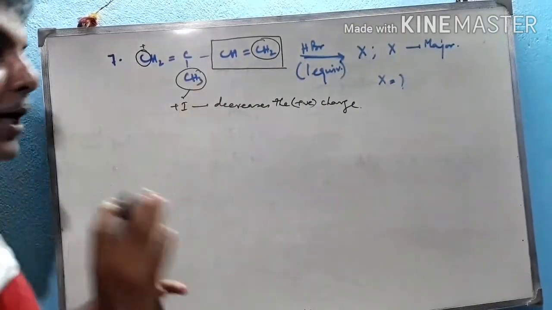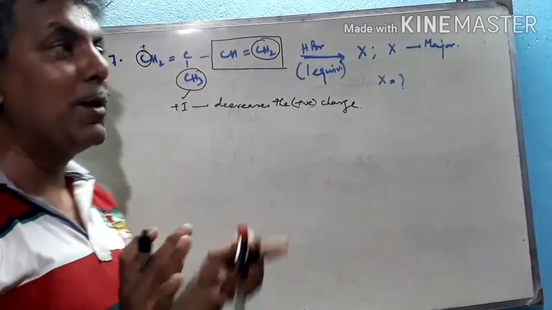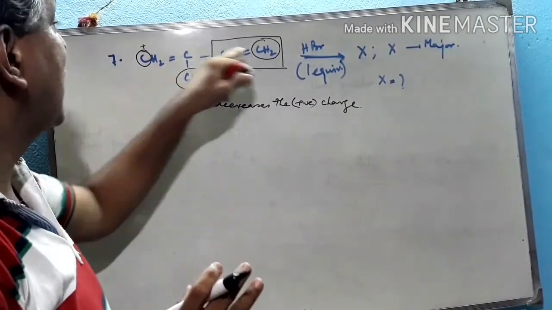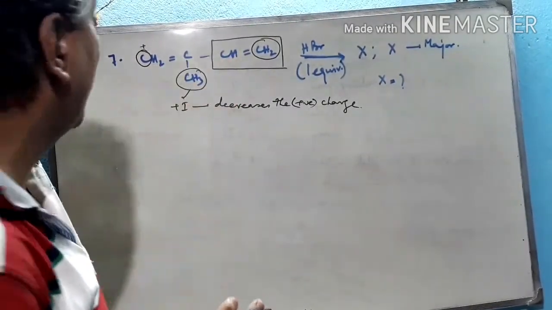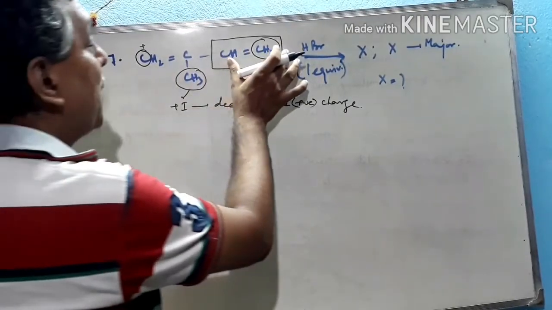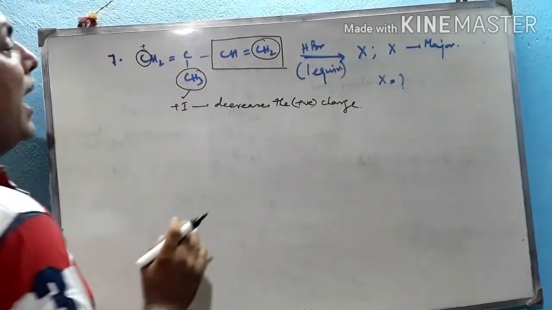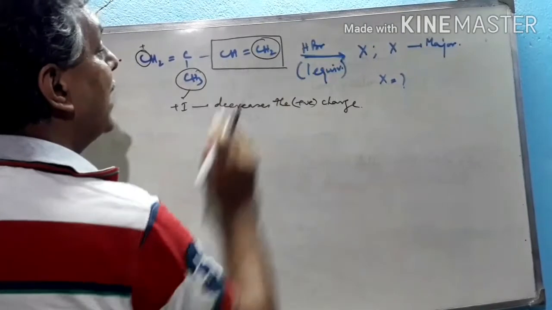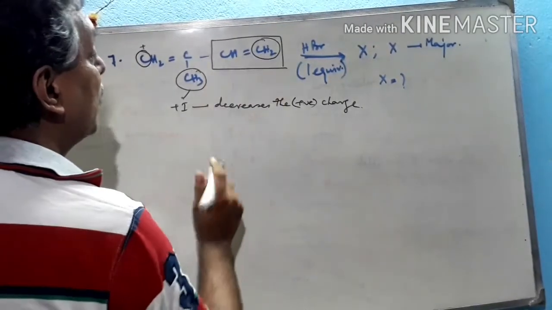So first we have to identify where the addition takes place, because here two places are observed where double bonds occur. So this is the place where HBr should be attached, because the addition reaction goes through this double bond.